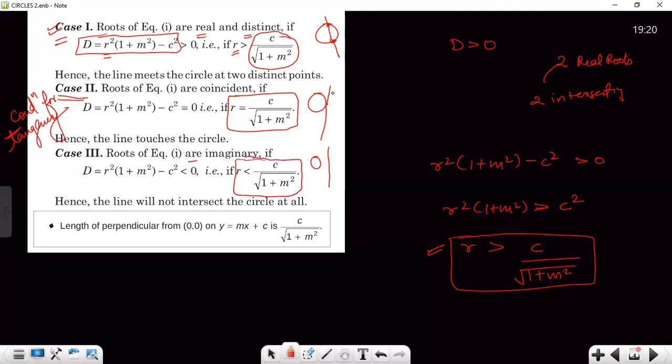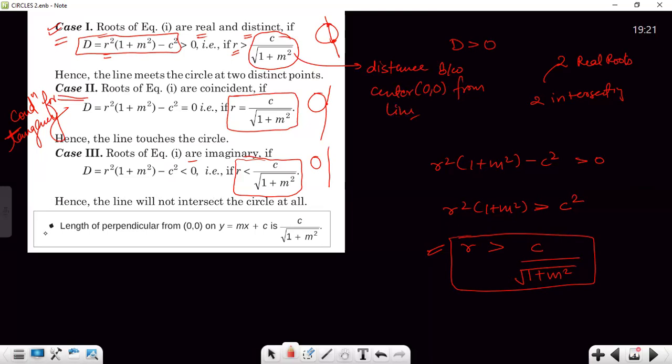And now it will be easy for you to remember the right hand side, as it is the distance between the center of the circle, which is 0, 0, and the line.